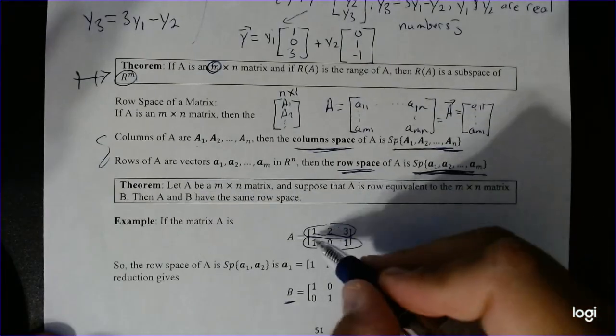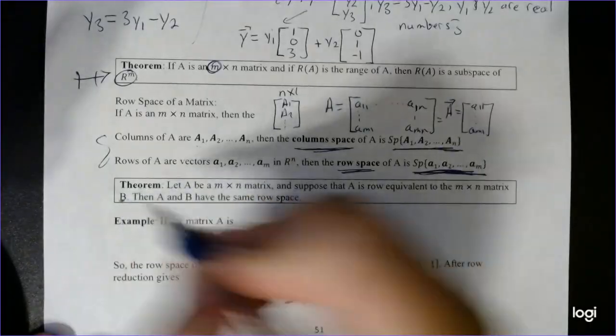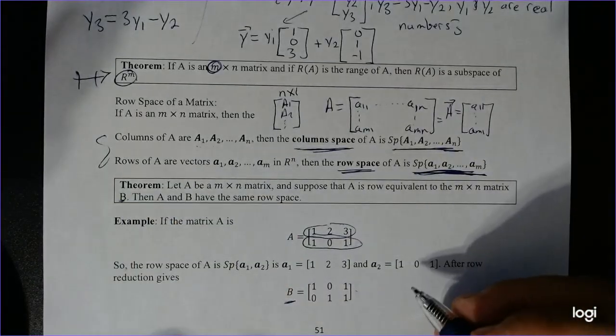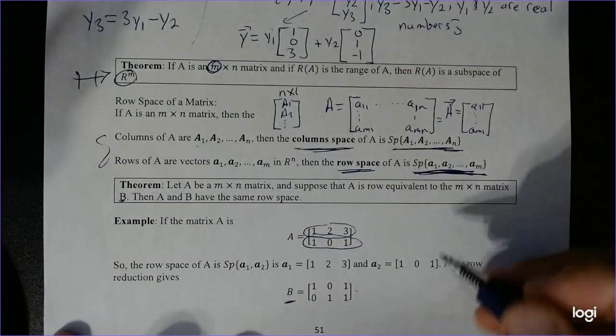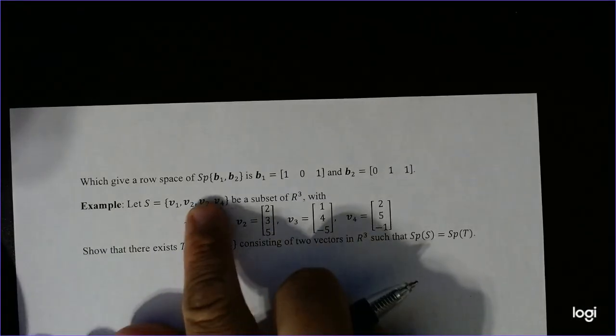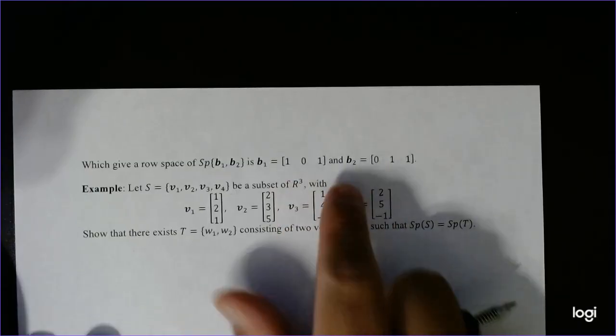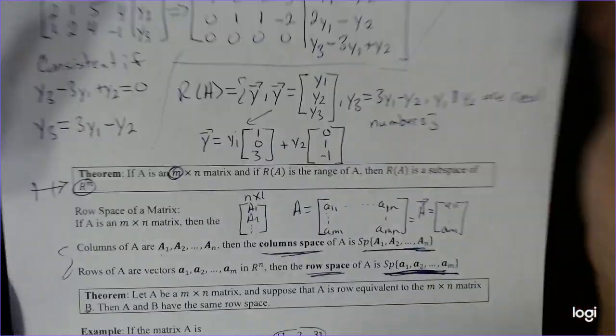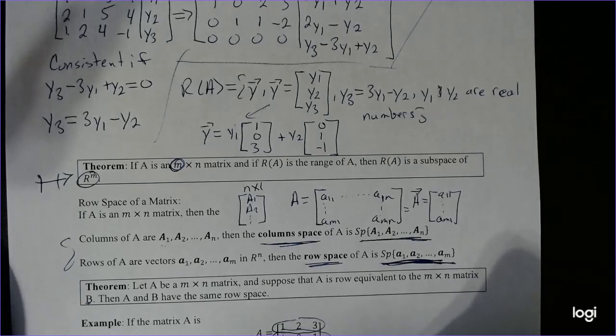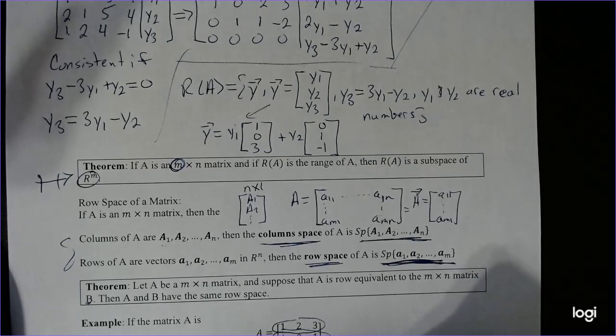So we have A here and that matrix B there. The row space of B is the span of the vectors B1 and B2, such that these are also the same. So we get a span of B being B1, B2. And that's the key thing, it's just two vectors.